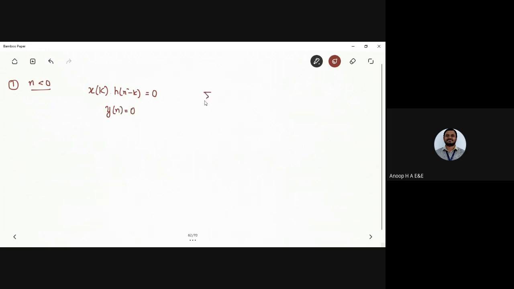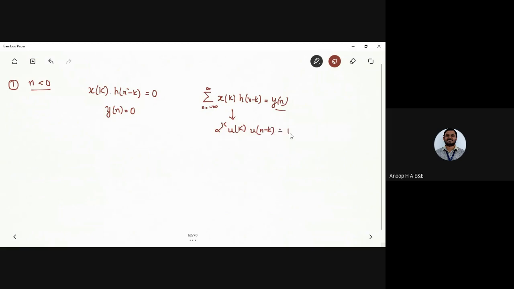So the sum over k from minus infinity to plus infinity of x of k h of n minus k gives y of n, which is the sum of alpha power k u of k times u of n minus k.